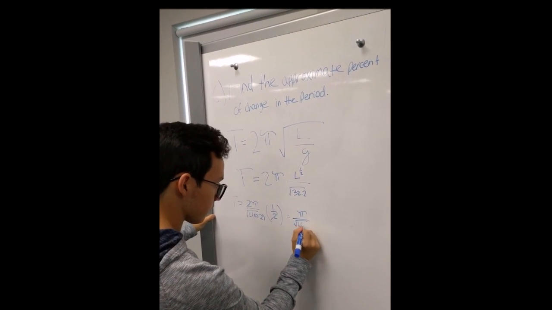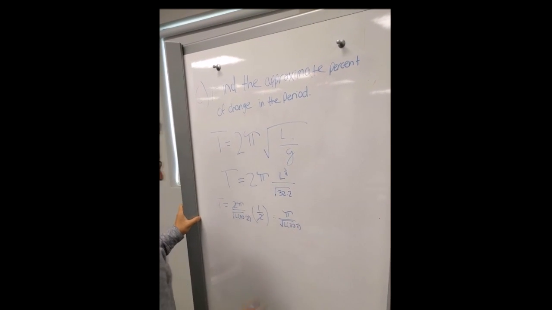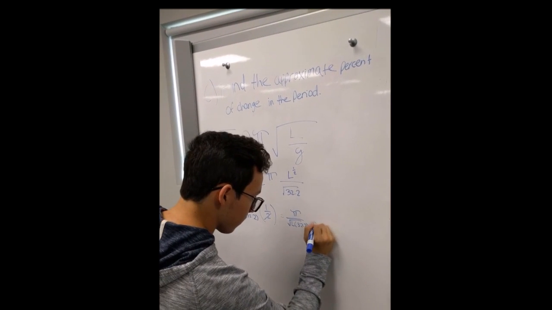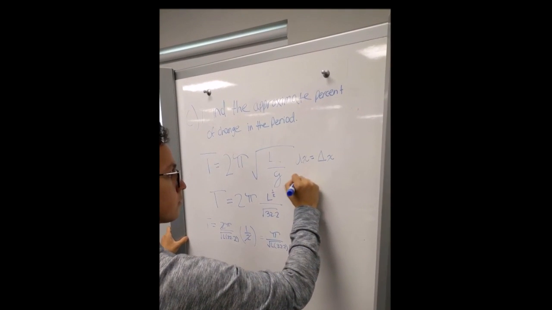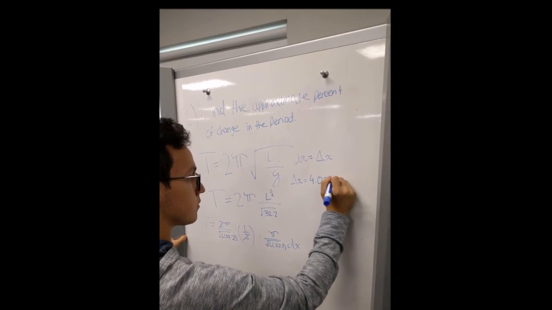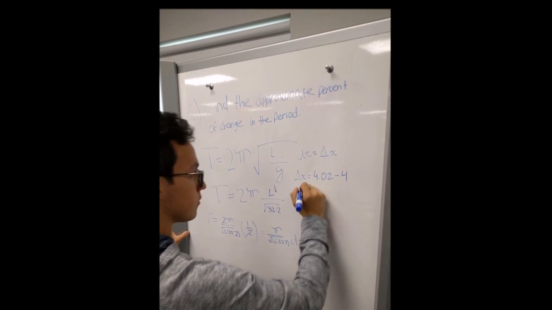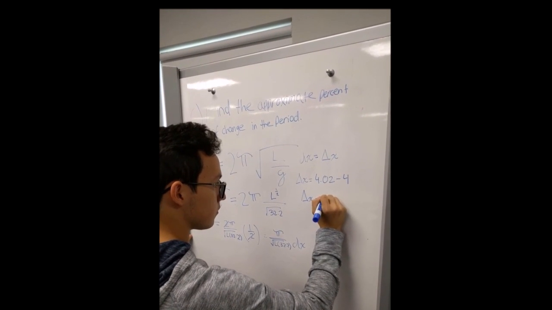As a result, we find that the derivative of the original function is pi over the square root of length times gravity. Now we need to find dx, which is equal to the new length minus the original length. Once we find this value, we can continue.